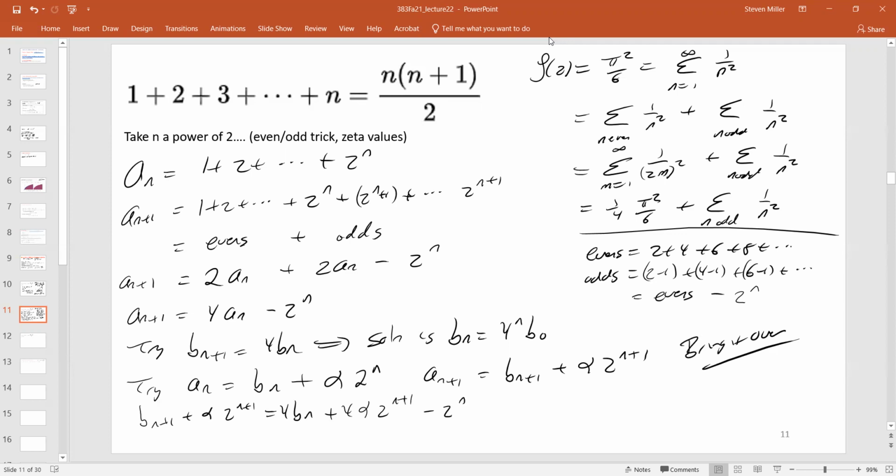So we have the freedom of choosing alpha. Let's try to choose alpha so that everything vanishes and we're only left with the b's. So we have 2 alpha times 2 to the n equals 4 alpha minus 1 times 2 to the n. Wait a minute, I think that should be a 2 to the n, not 2 to the n plus 1.